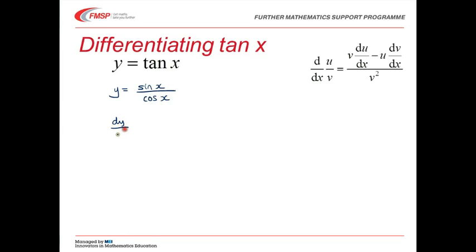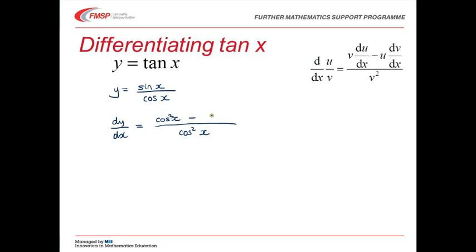So dy by dx, I've got the quotient rule up there because it's in the formula book, so you don't need to memorise it. V is the bottom one, so we put that down squared, and then you write the denominator, which is cos x, and differentiate the numerator, so differentiate sin, I get cos again, so that's cos squared.